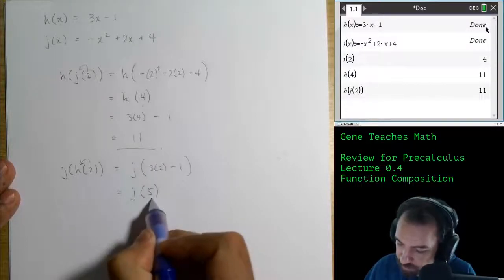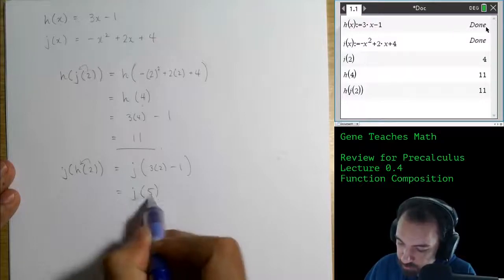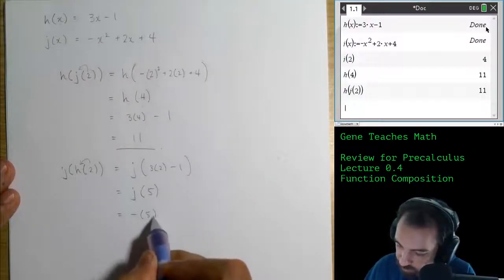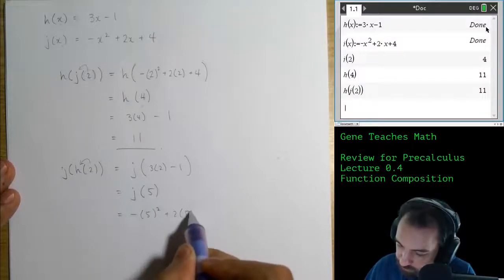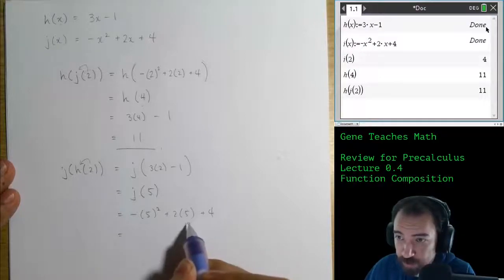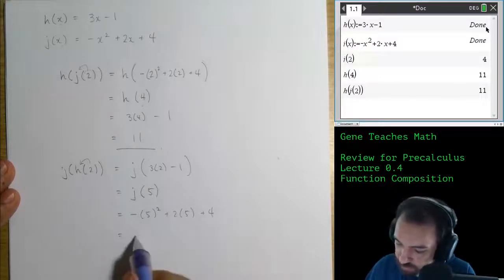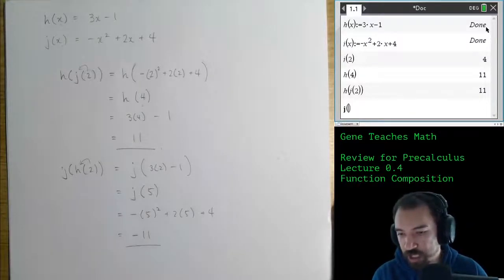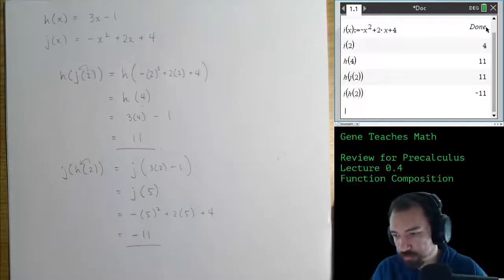So I take 5 and make it the input for j. So I'll put the 5 in for all the x's here. This is negative 5 squared plus 2 times 5 plus 4. This is negative 25 plus 10 gives you negative 15. Plus 4 is now negative 11. Okay. If I do j of h of 2, negative 11.